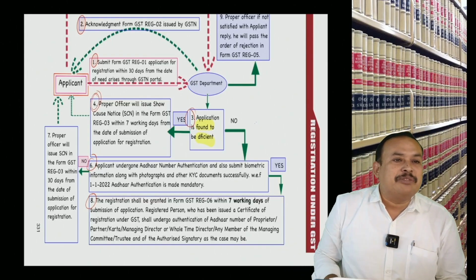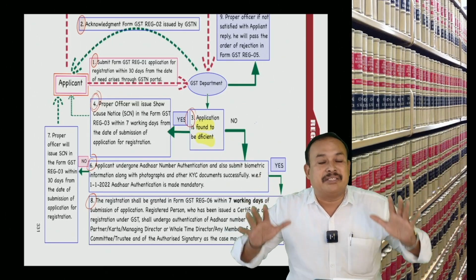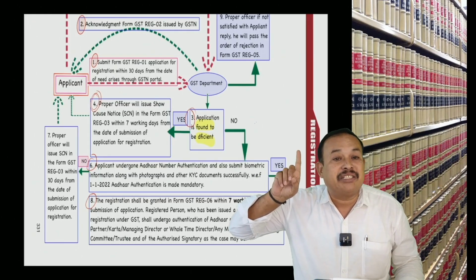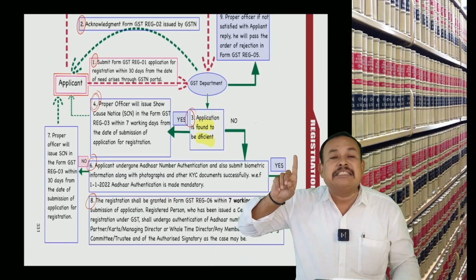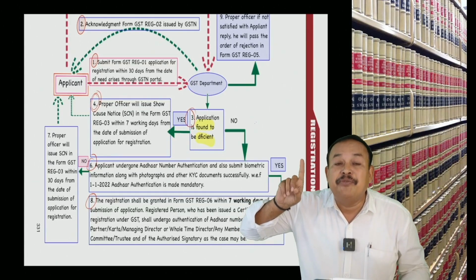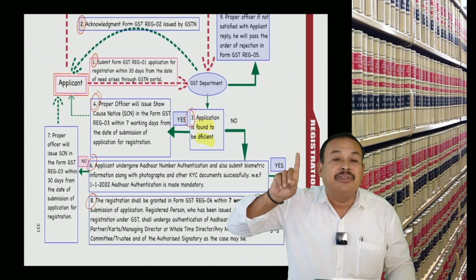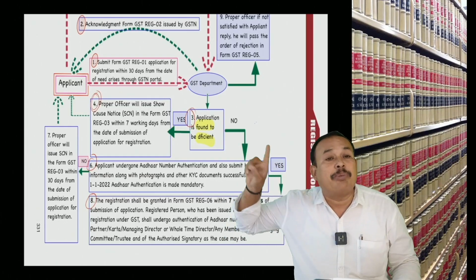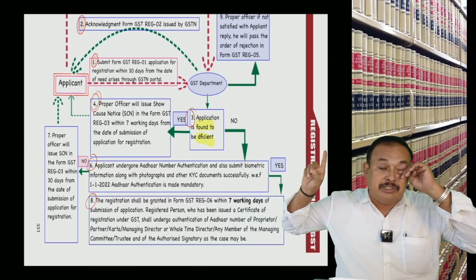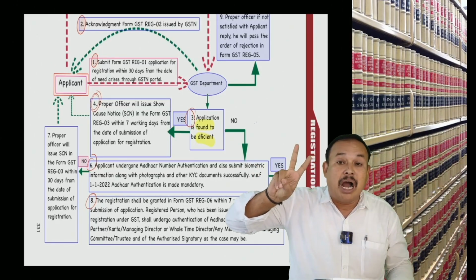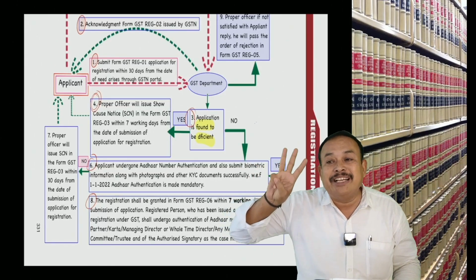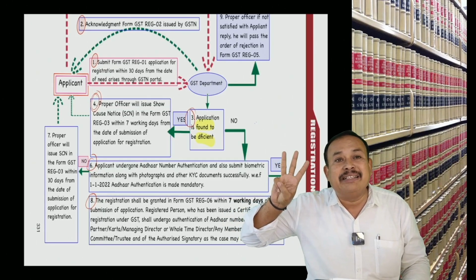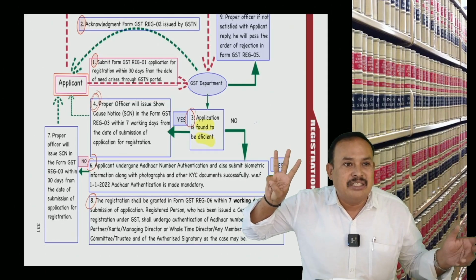Can you speak out with me with the dates, with the number of days? Step 1, application for registration in Form GST REG 01, within 30 days from the date the need arises. REG 02 is the acknowledgement. REG 03 is the show cause notice: other than cases of Aadhaar authentication, 7 working days.